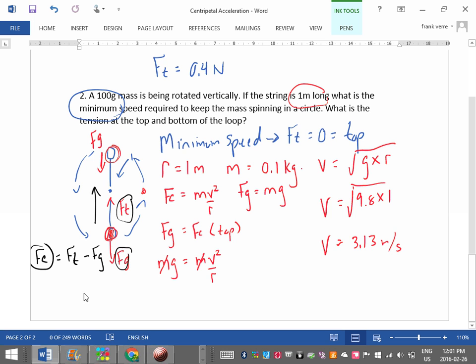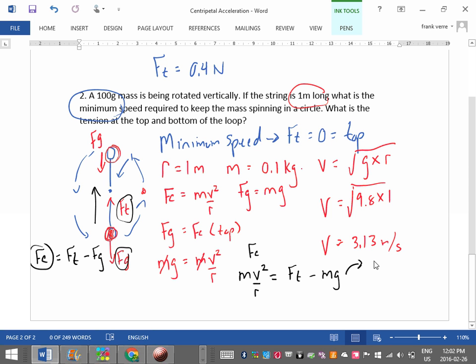So we could solve that. We know what the centripetal force is because we know it's defined as mv squared over r. And that has to be the tension minus the weight, which is mg. Okay, so let's finish it off over here.